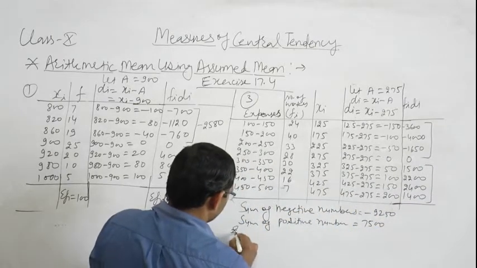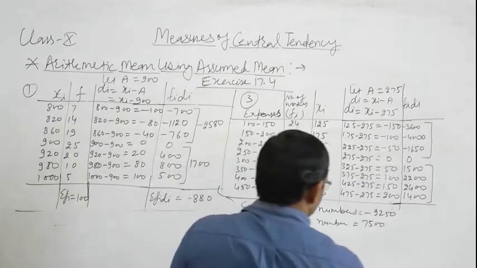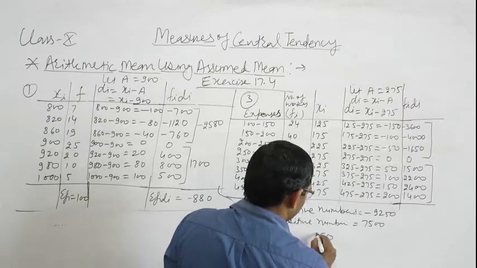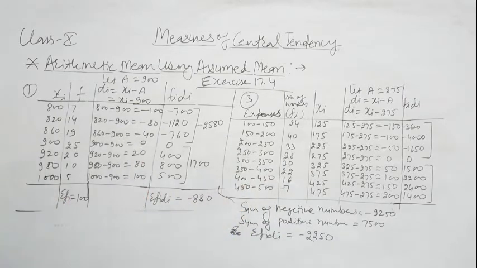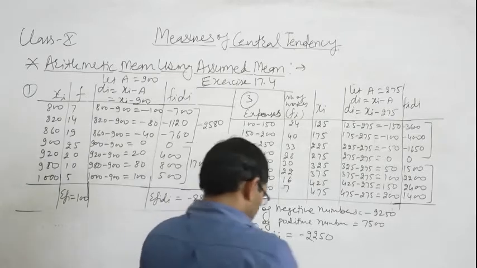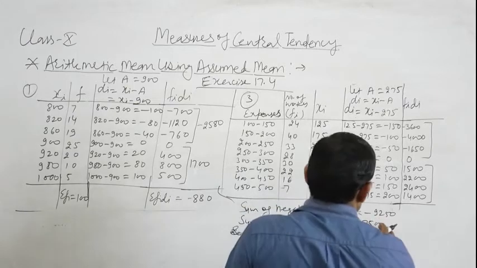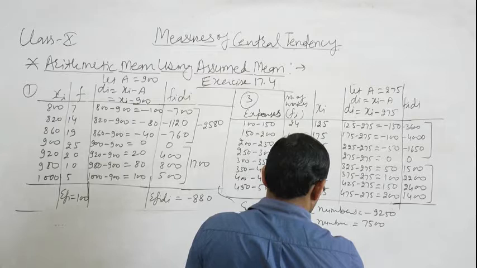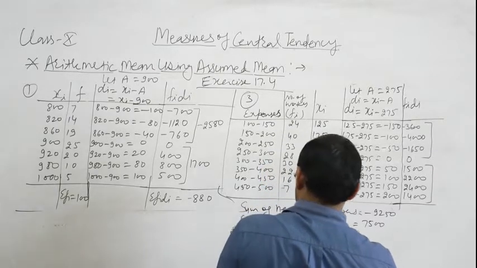Then sigma fi di is minus 9250 plus 7500, which is minus 1750. Sigma fi di is minus 1750.